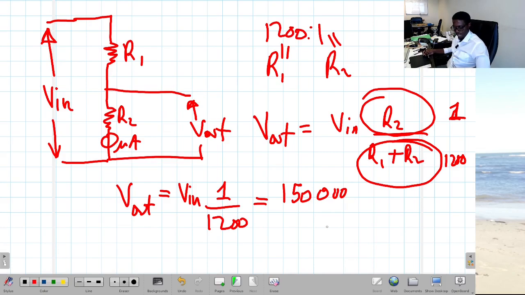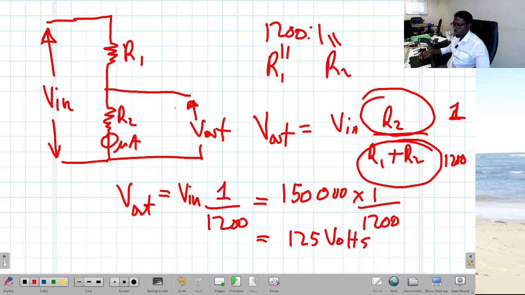That multiplies by the ratio 1 over 1200, and this gives us approximately 125 volts.